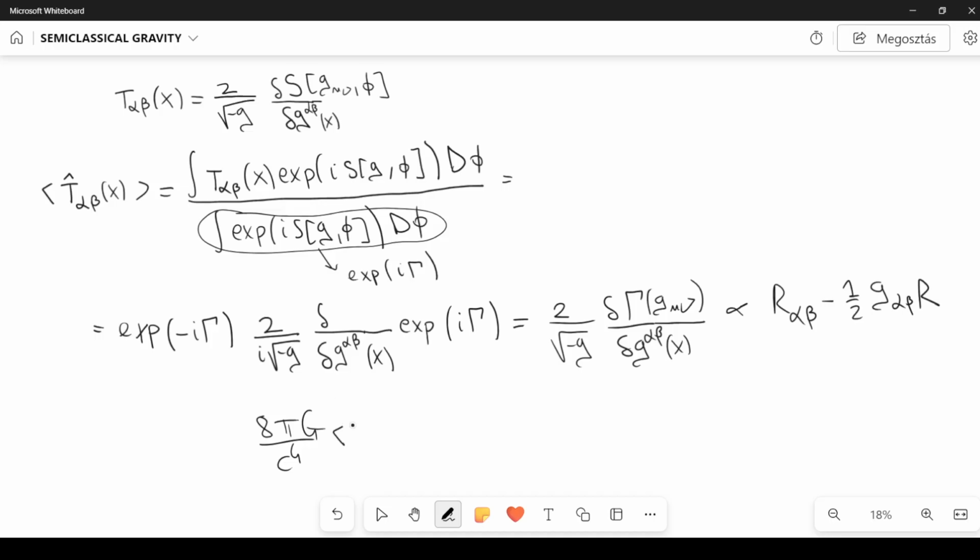And then this multiplies the average of T alpha beta, and this must be equal to this object here, which is sometimes denoted as G alpha beta, the Einstein tensor, defined as R alpha beta minus 1/2 g alpha beta R.